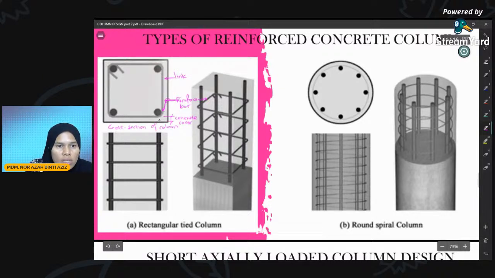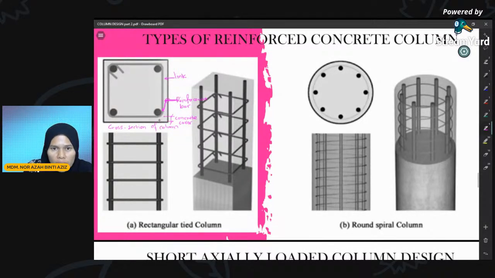So in sketching the cross section, you have to sketch like this. We have a concrete cover, we have the link surrounding the reinforcement bars, and don't forget to make the corners of the link curved like a bend. Here is the 3D view for the reinforced concrete column.